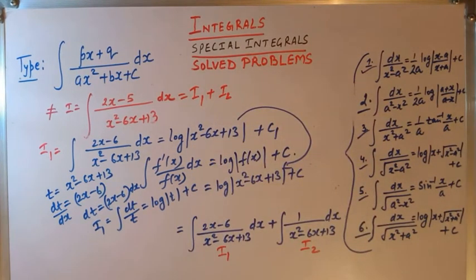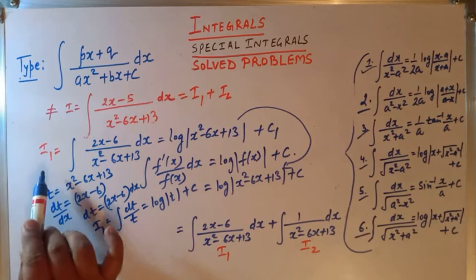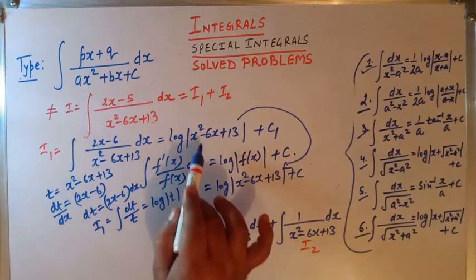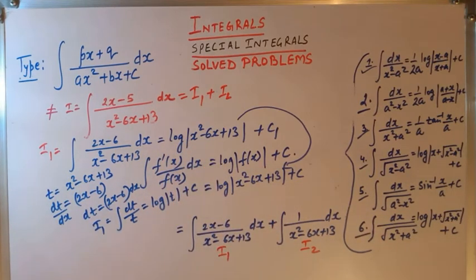Clear? So we have the value of I1 as log of (x square minus 6x plus 13) plus c1.